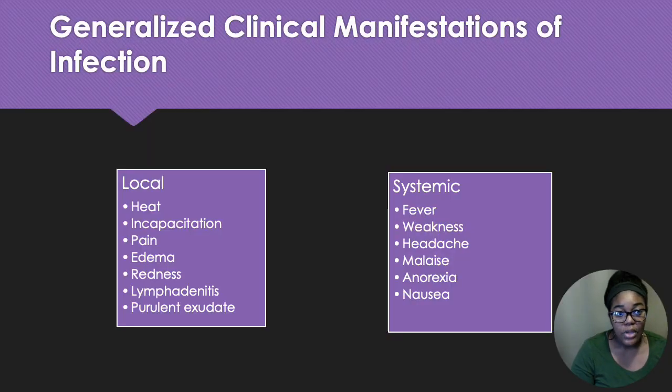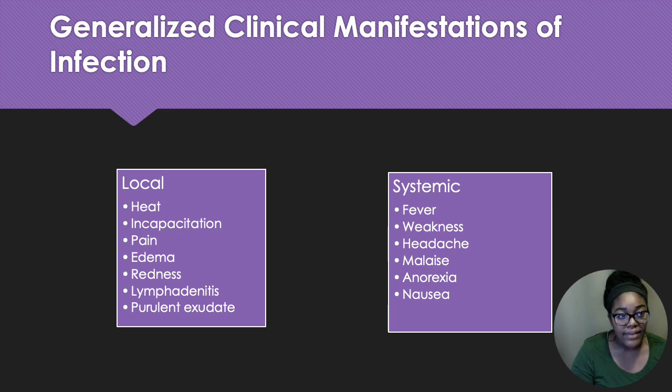So we have generalized manifestations of infection. So this is across the board. You'll have those local manifestations, and a lot of these are very similar to that of inflammation. You'll have heat, incapacitation, or immobilization of that area of the body. You have pain, edema, redness, also known as erythema. You have lymphadenitis, purulent exudate.